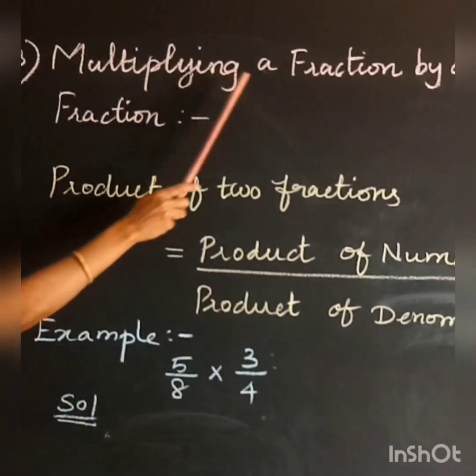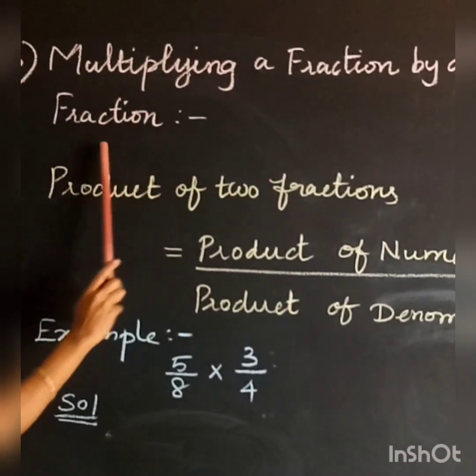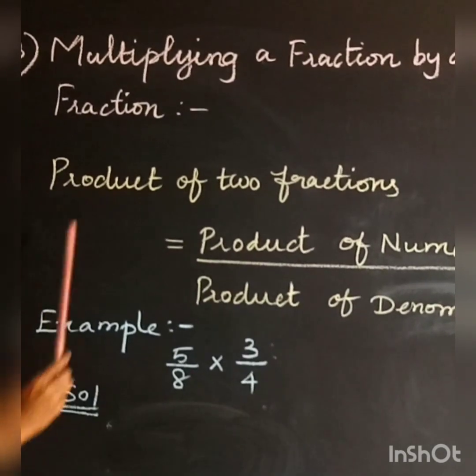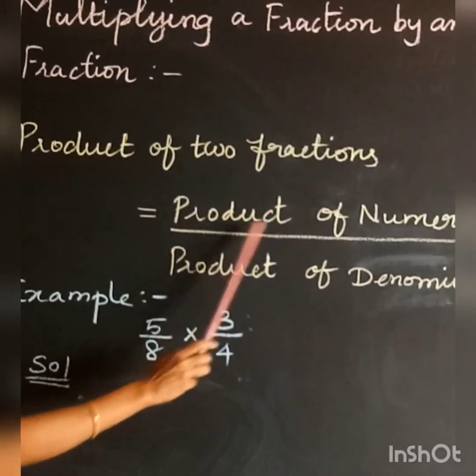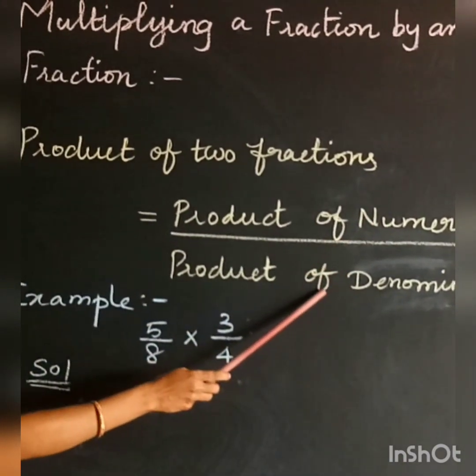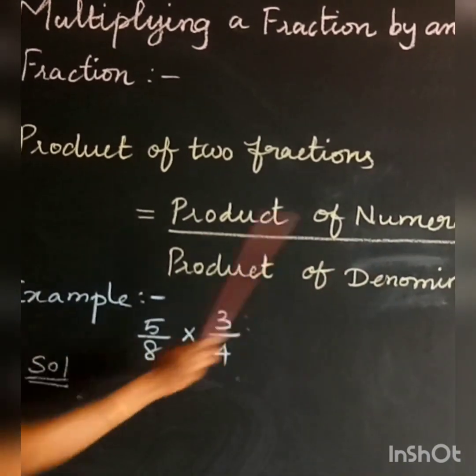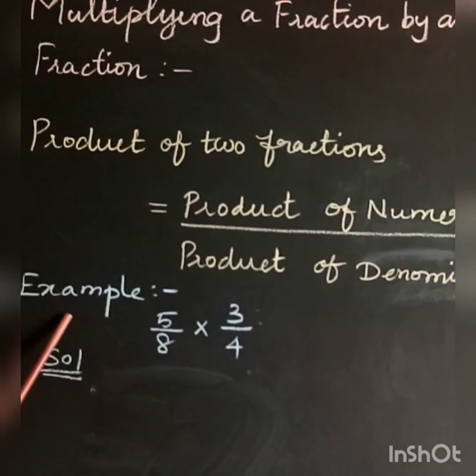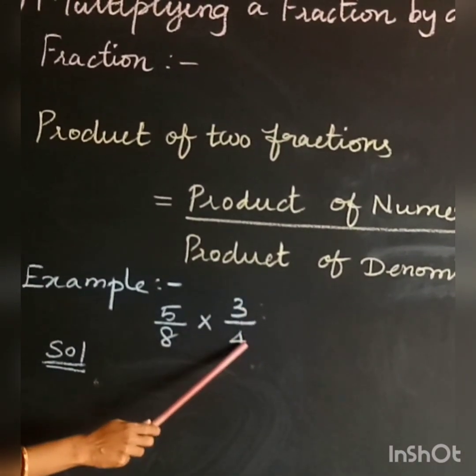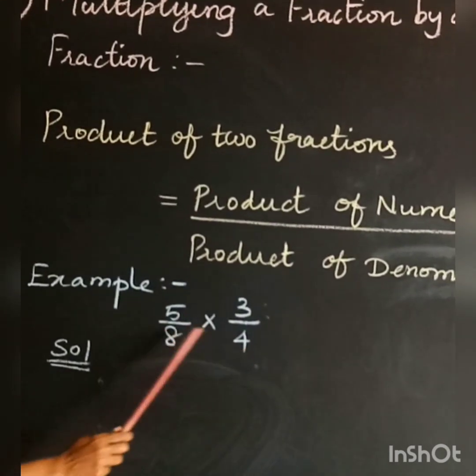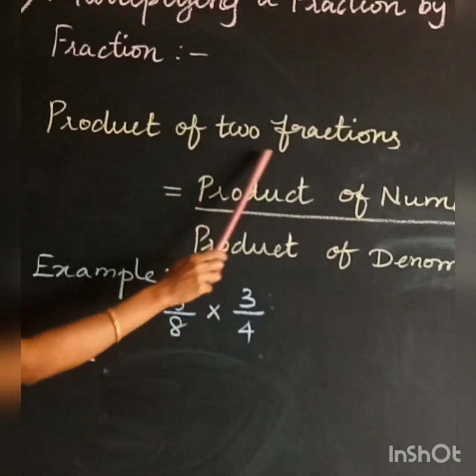That is multiplying a fraction by another fraction. What is the formula? Product of two fractions is equal to product of numerators divided by product of denominators. See this example, 5 divided by 8 into 3 divided by 4. These are fractions, a product of two fractions.